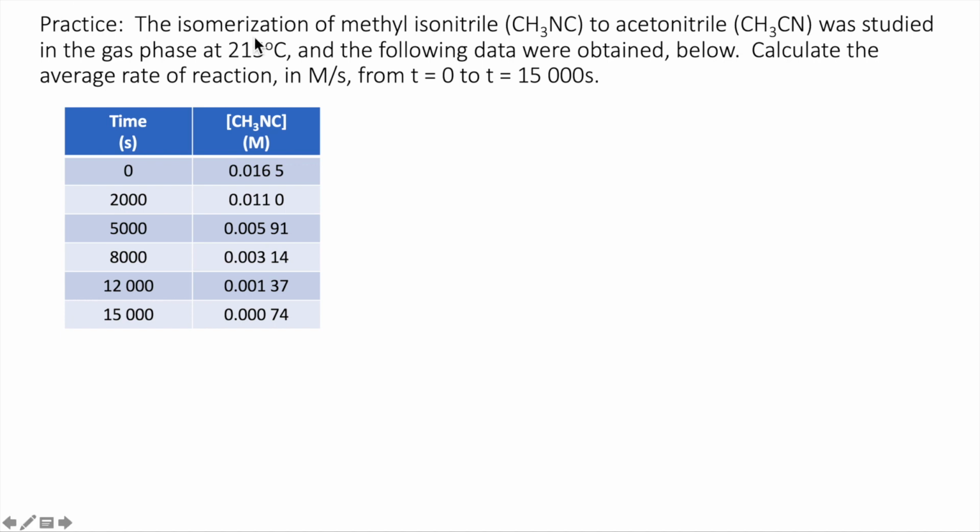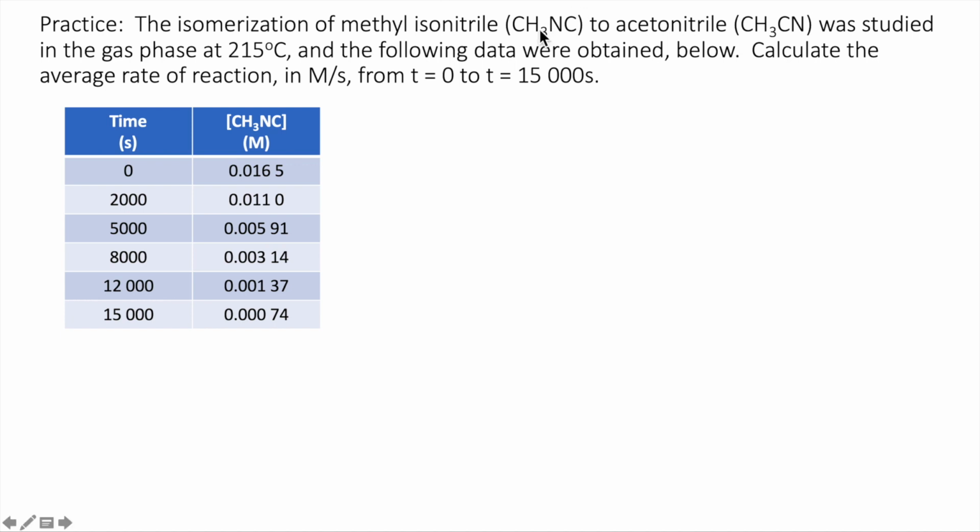Now, let me back up just a little bit. The isomerization, if you remember back in Chem 1, an isomer is a chemical that has the same formula but a different structure. I gave you a formula and told you there were like 5 or 6 different isomers of that compound. So they all have the same formula, but they are arranged differently.